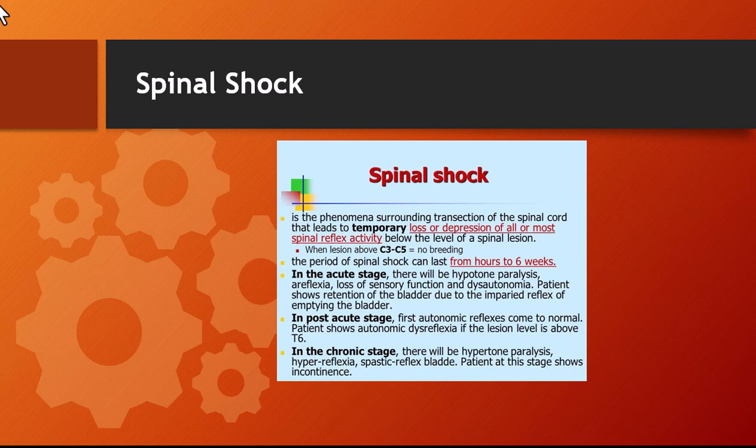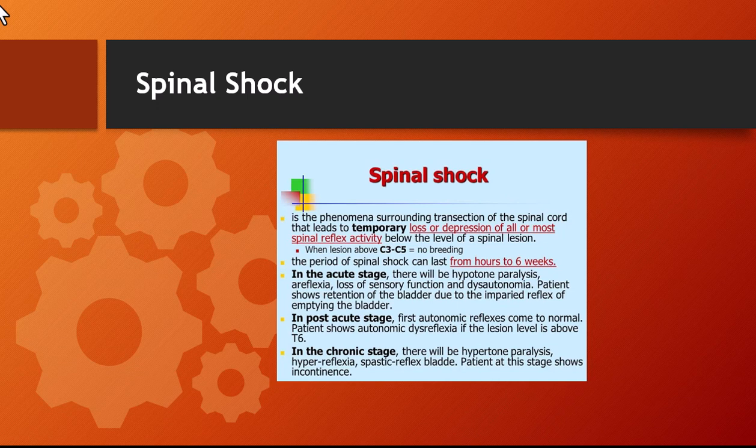The speed at which it corrects itself and heals is dependent upon how serious the injury is. Now, typically what you're going to see with these patients in spinal shock is that below the level of injury, the skin is going to be warm, flushed, and dry, okay?